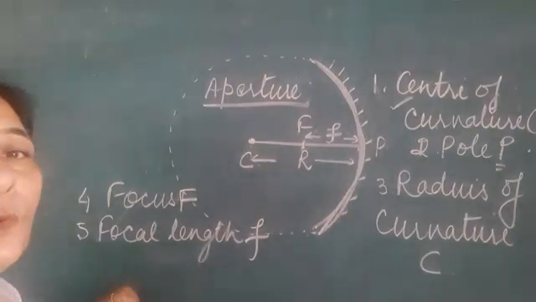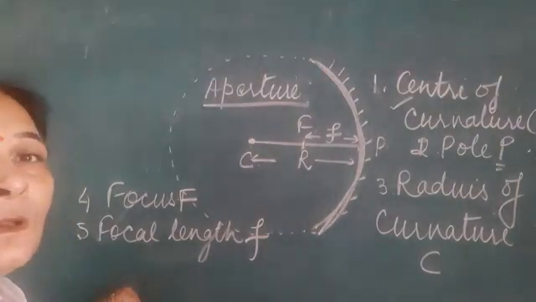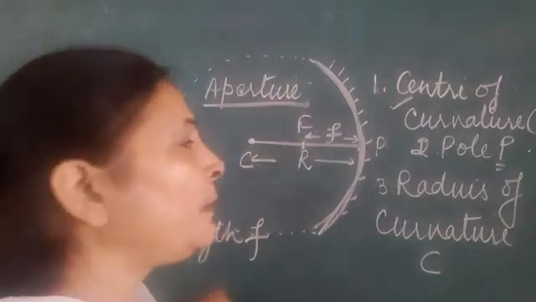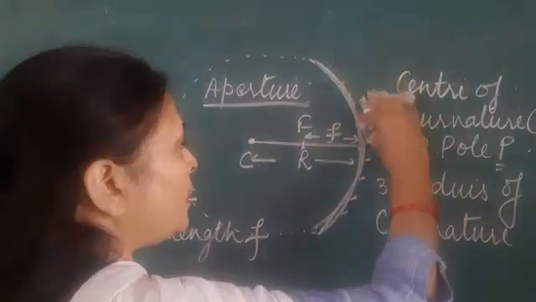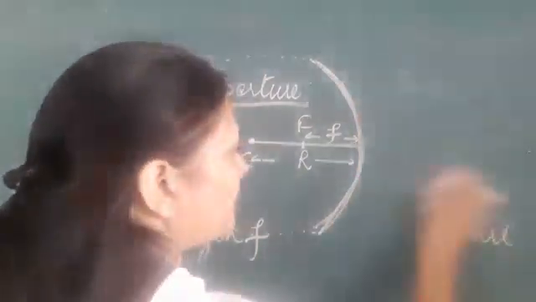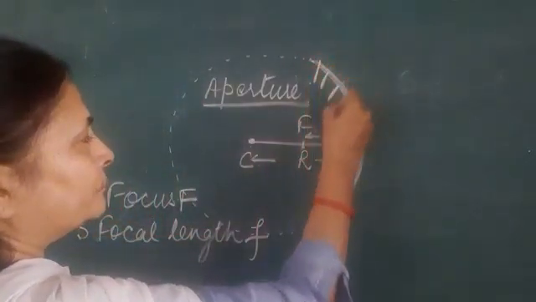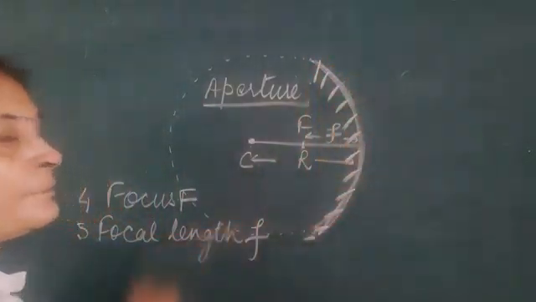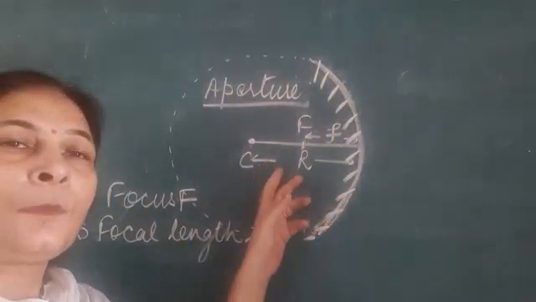The same will hold good for a convex mirror also. The only difference will be that in a convex mirror the polishing will be from inside. But these quantities are going to remain the same.